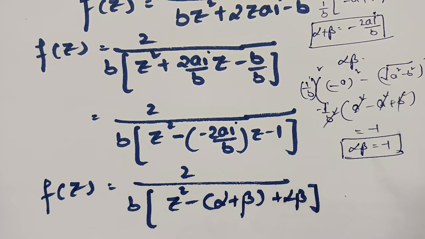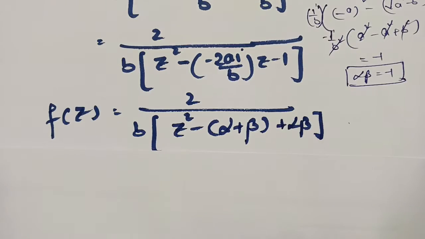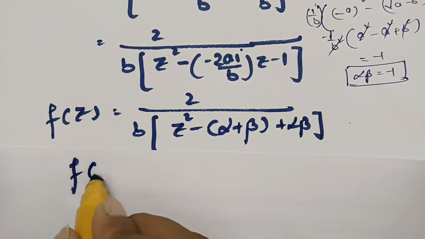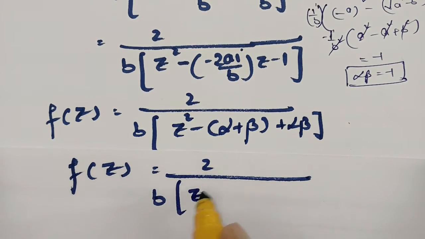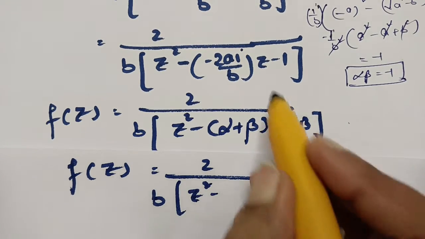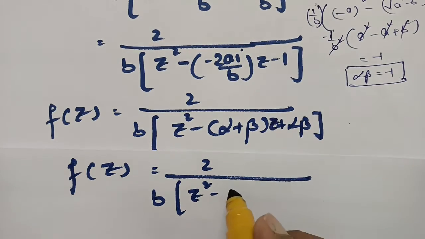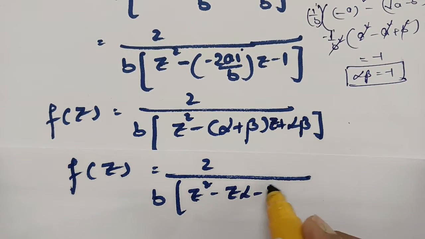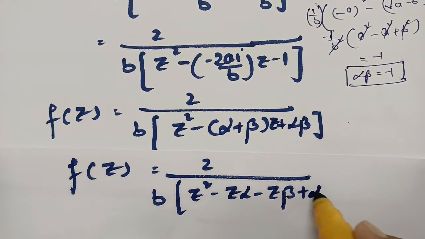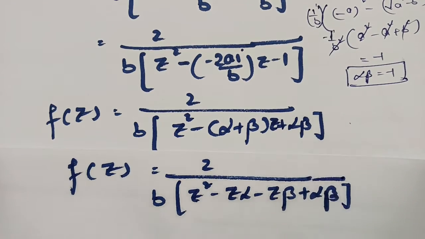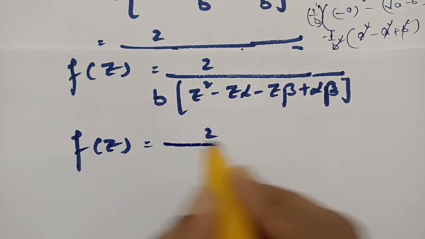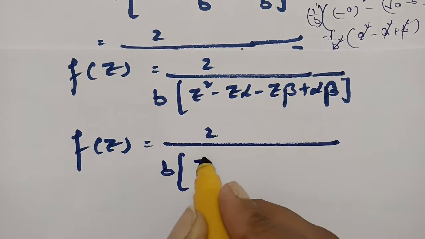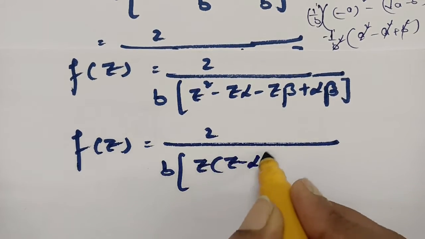Now if I expand, see what happens to this one. So f of z is equal to 2 by b times of z square minus z alpha minus z beta plus alpha beta. Clear? So this can be written as f of z is equal to 2 by b times of, if I take z common, this will be z minus alpha.